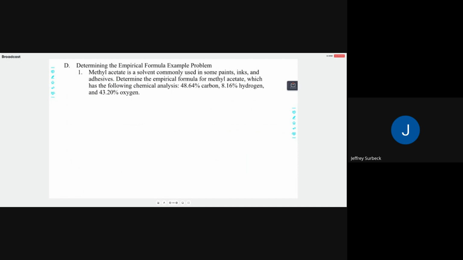First thing that I do in this specific problem is I say, I do not want to deal with percent, and I'm going to make everything grams. Now, I'm going to write down those number of grams in that substance.